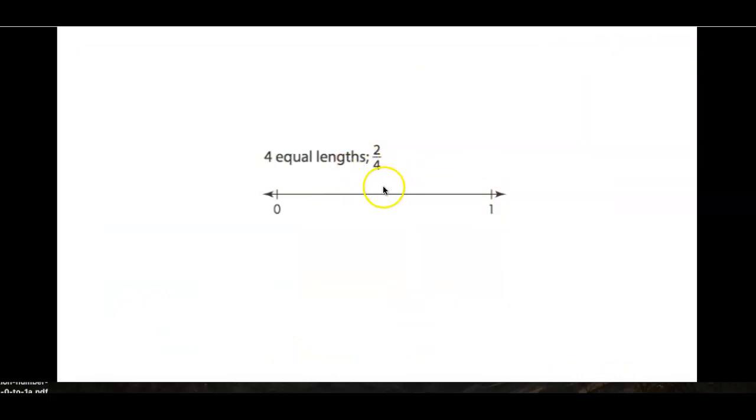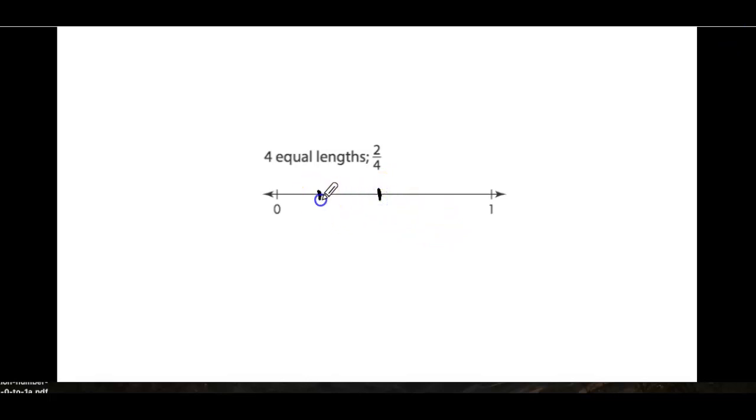So we then start to move a little bit away from the idea of pictures representing things, and we start to get into the idea of number lines and using number lines to help us.